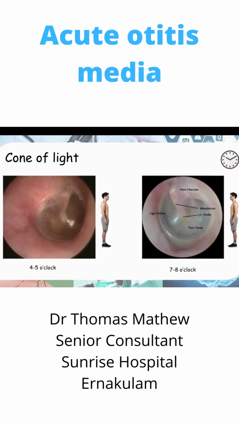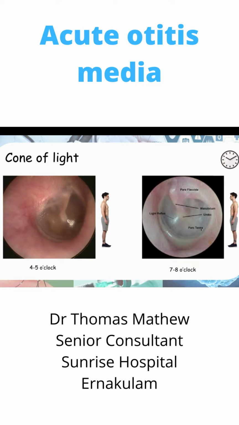Right, so first we'll be talking about the cone of light. So this is the cone of light in that correct anatomical position. Depending on the right or left ear, if you're looking at the patient's right ear, so the patient is standing like this and you're looking into the right ear, the cone of light will be at the 4 o'clock to 5 o'clock position.